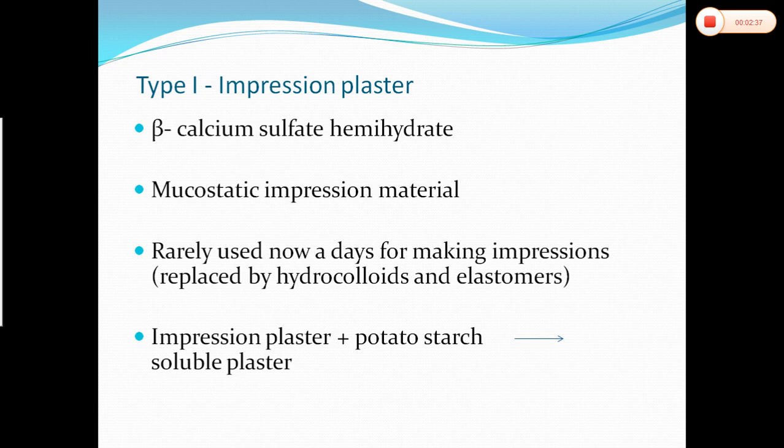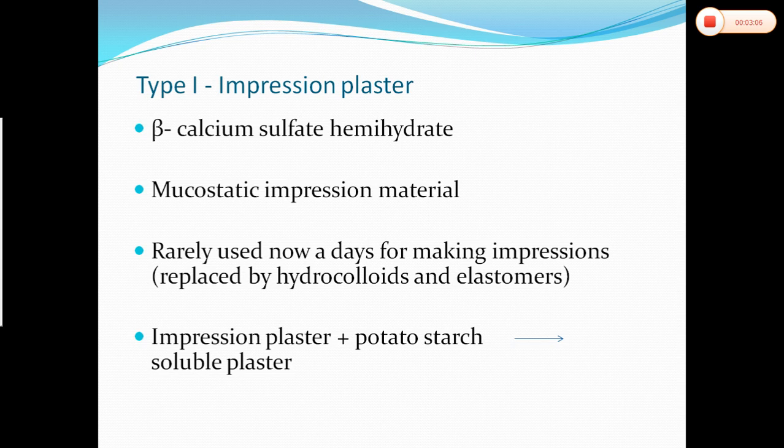and brittleness. Impression plaster is a beta form of calcium sulfate hemihydrate, and we make a mucostatic impression. Mucostatic means without applying any pressure on the tissues, we can make the impression. This product is rarely used nowadays because it has been replaced with hydrocolloids and elastomers, and also with recent advancements.